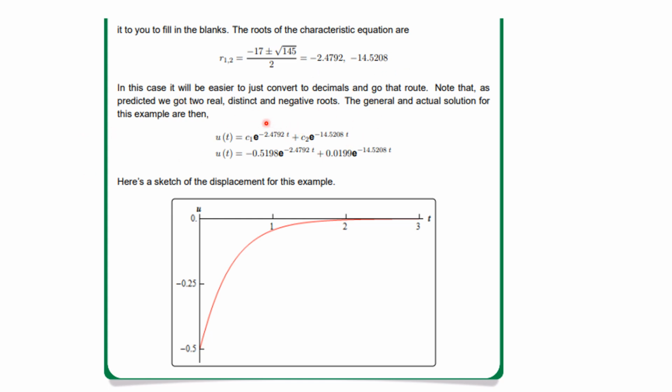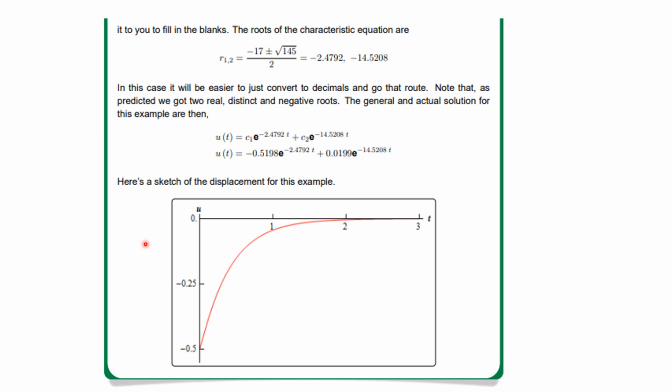And again, you can see that there are 2 real distinct roots, and they are both negative. And so the general solution is, here it is with the C1s. And here is what you get when you plug in the initial conditions, you get those as coefficients.